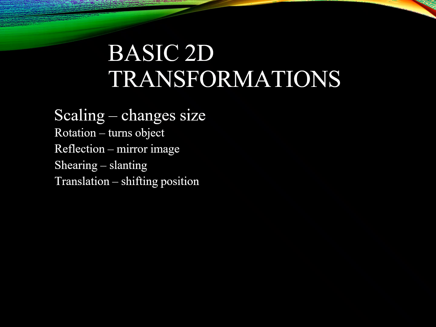The fourth one is reflection, which creates a mirror image of the object. And at last, the fifth is shearing, where the object appears slanted while maintaining parallel sides. These five transformations together form the foundation of almost every graphical operation in computer graphics.